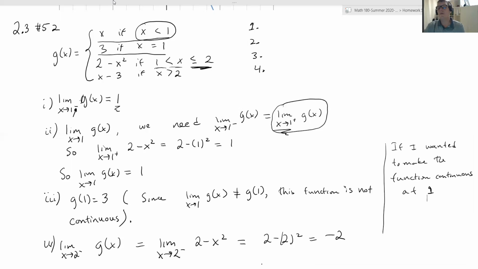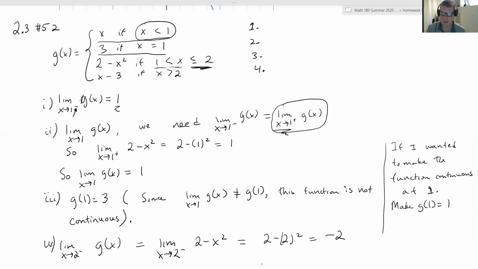We want to remove g of x equals 3, but what do we need to replace it with? Yeah, we want to make g of 1 equal to 1. We make g of 1 equal to 1, and by doing that, boom, now we're continuous.